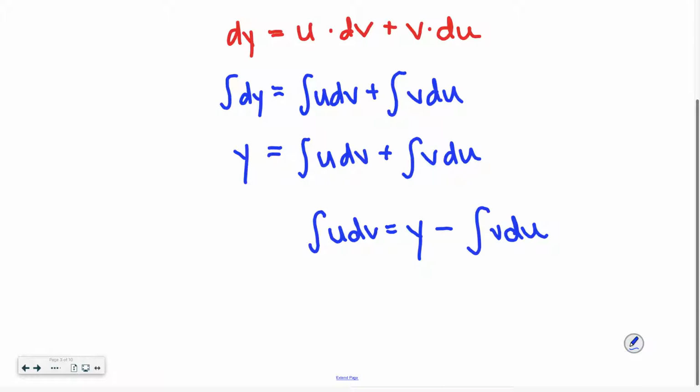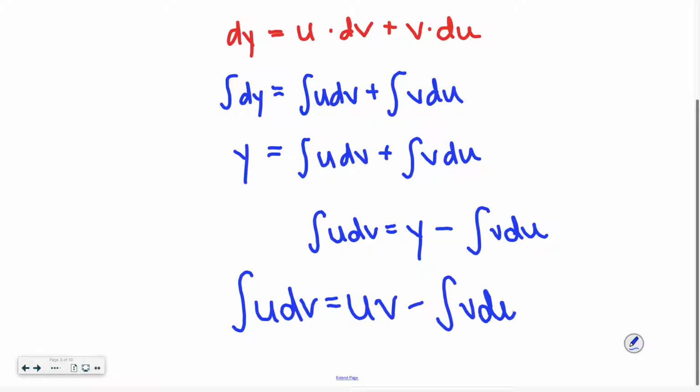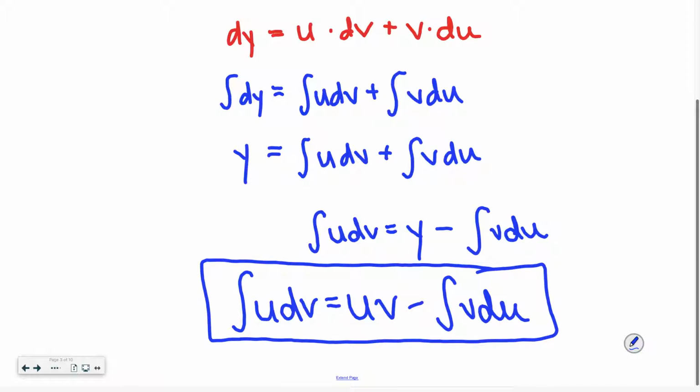You subtract, okay? And we defined y to be u times v, right? Yes, we did. We have no more y. This, ladies and gentlemen, is integration by parts. The integral of u dv equals u times v minus the integral of v du.